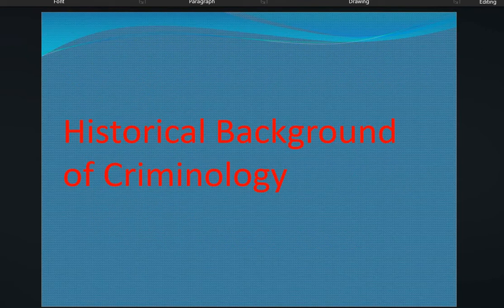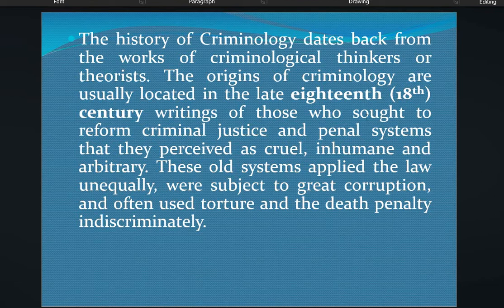Okay, so historical background. This is somehow discussed also sa theories of crime causation. So ito, papasadahan lang natin to. So the historical background of criminology, the history of criminology dates back from the works of criminological thinkers. So this started from the 18th century. So the reform of criminal justice and penal system. So itong criminal justice na to, dito sa Pilipinas, this is composed of 5 pillars. The law enforcement, the prosecution, the court, the correction, and the community.